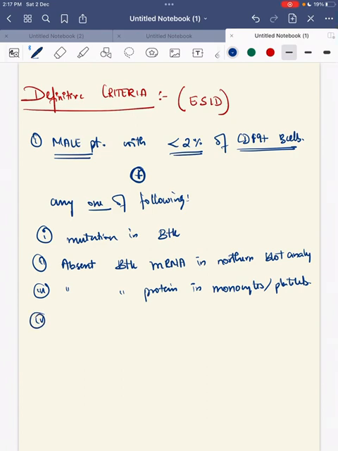Next, there can be maternal cousins with less than 2% CD19 positive B cells. So these are the definitive criteria to say a child has X-linked agammaglobulinemia.